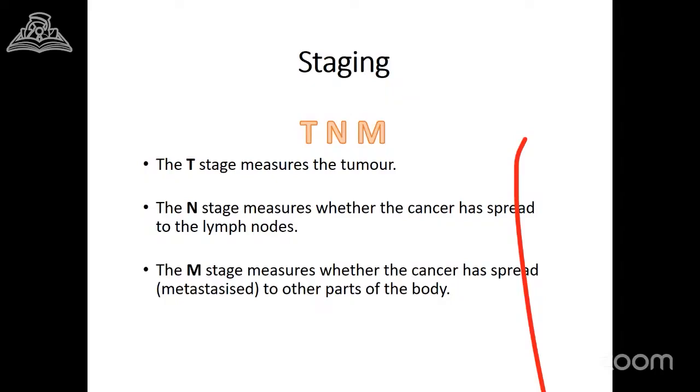Finally, M stage refers to distant metastasis, meaning whether the cancer has spread to other parts of the body, such as bone or distant organs like brain or liver. Together, all these stages, the TNM system helps determine disease severity, prognosis, and the most appropriate treatment approach.